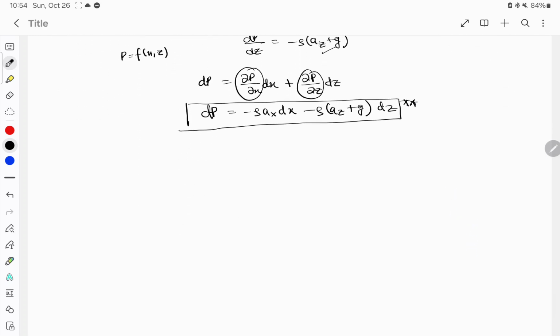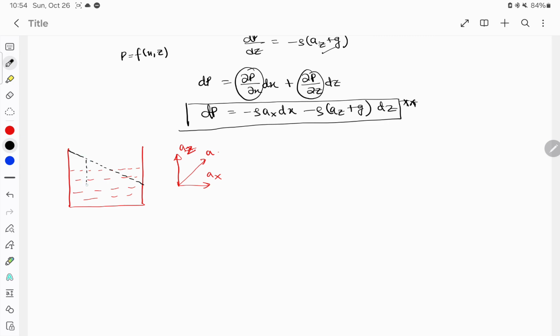So let's see the combined effect. Say this is the accelerated vessel. This was the initial position when the fluid was at rest, but now the fluid has an acceleration in both directions, ax and az. As we know, the fluid will try to remain in the same position, as a result of which the new surface level will come out to be this.